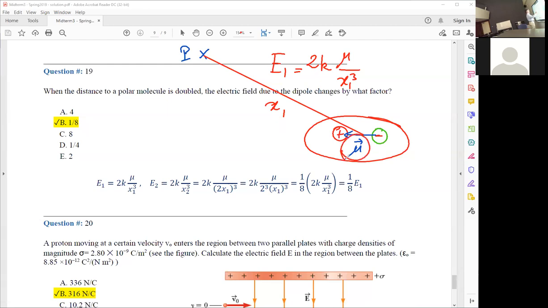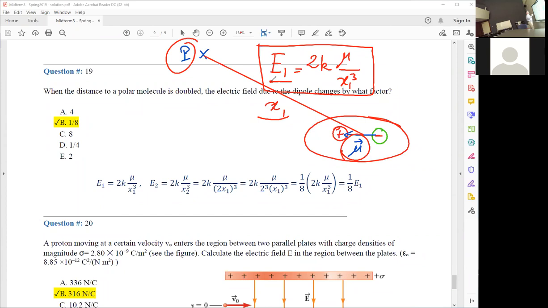This dipole moment will generate an electric field at a point in space P, at the distance x1, given by this expression: electric field E1 equals 2kμ over x1 cubed.